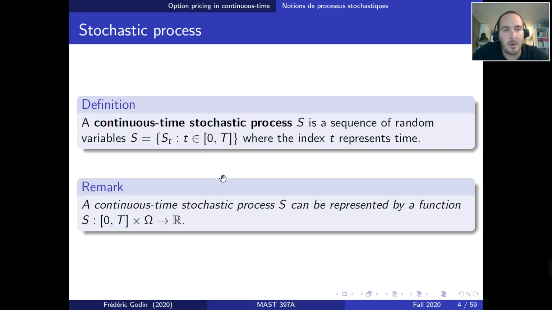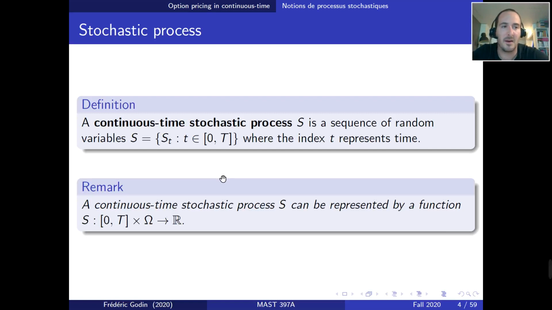For example, what's the difference between a stochastic process and a random variable? A random variable would be the value of something at a given point in time, whereas the stochastic process would be the set of all the values of a given phenomenon at all points in time.